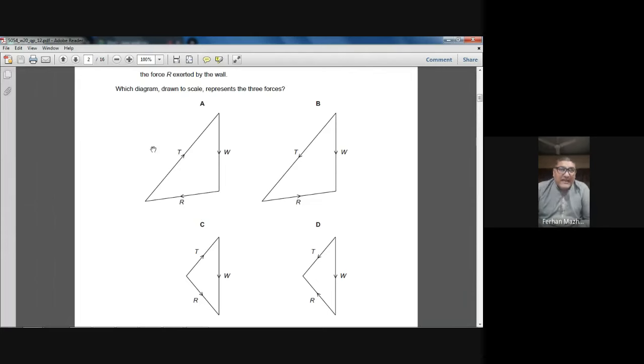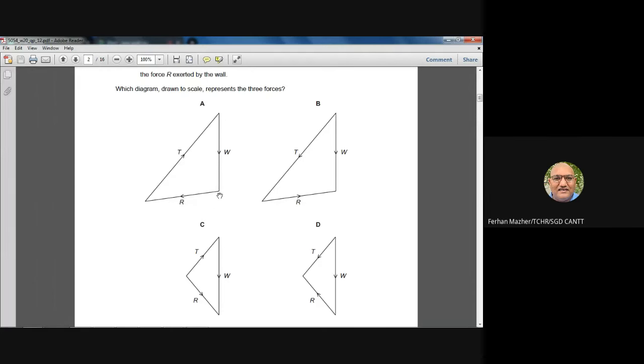If you look at diagram A, by this vector he represented tension, which is the right direction. At the head of the first vector, he put the weight, the second vector. The tail of the second vector is at the head of the first vector, which is good.